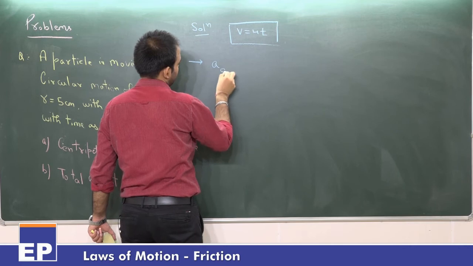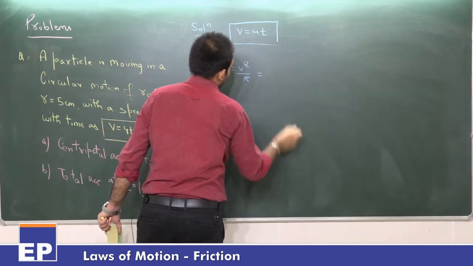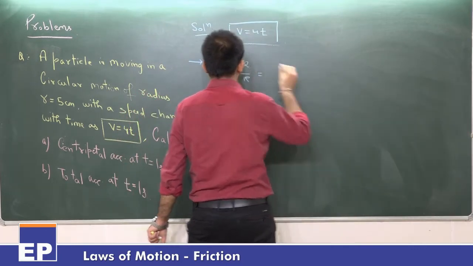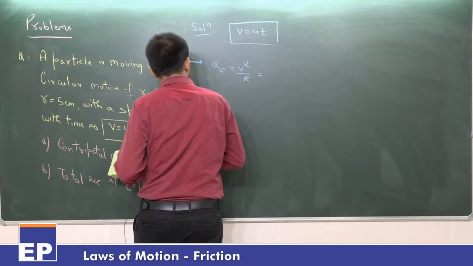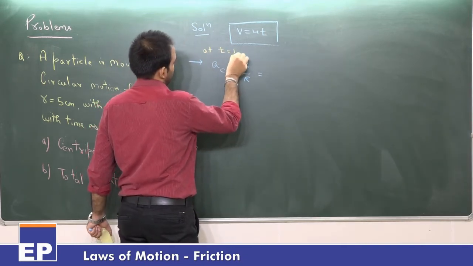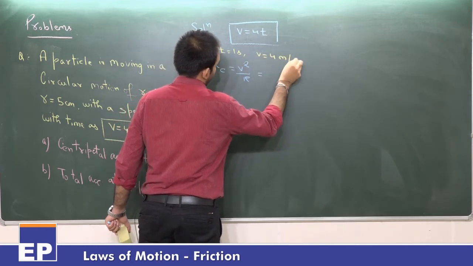AC is what? V squared by R. Now what is V squared at t equal to 1? Speed is 4 meter per second.